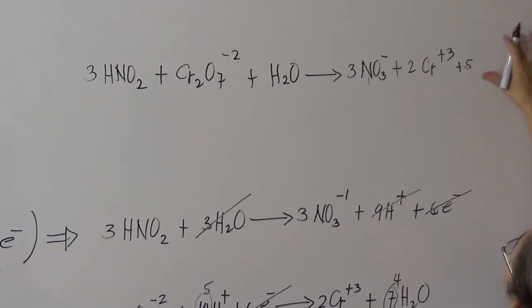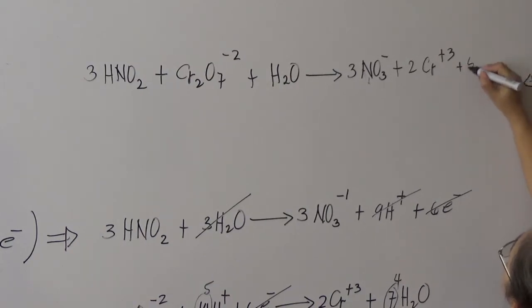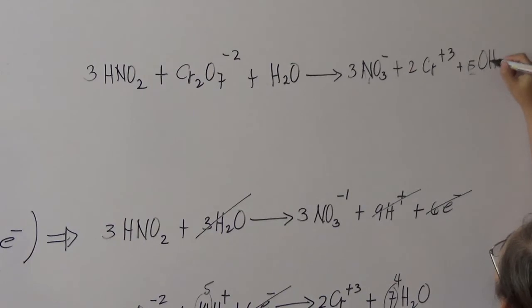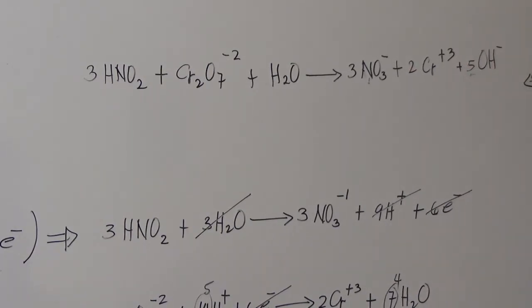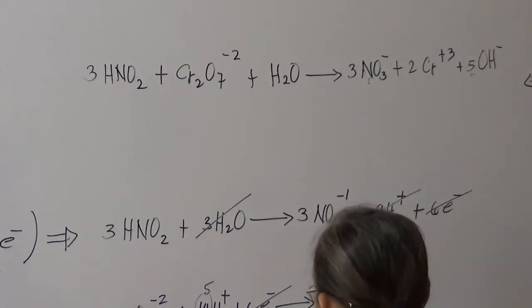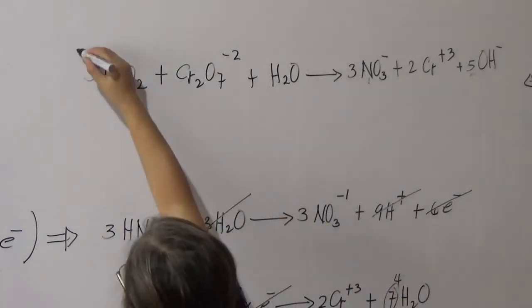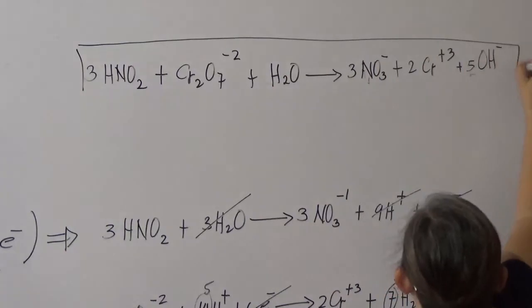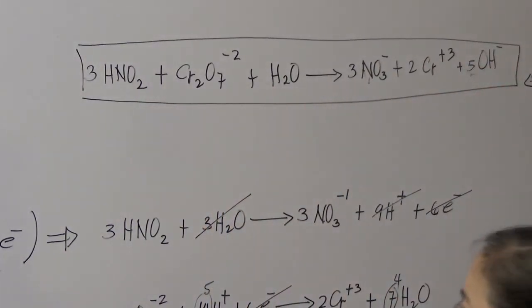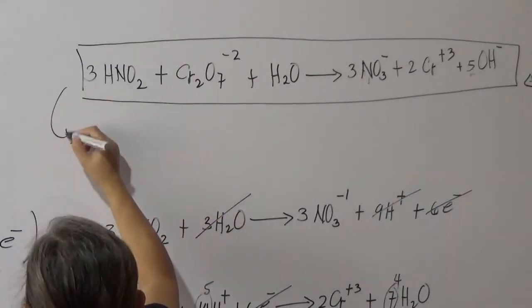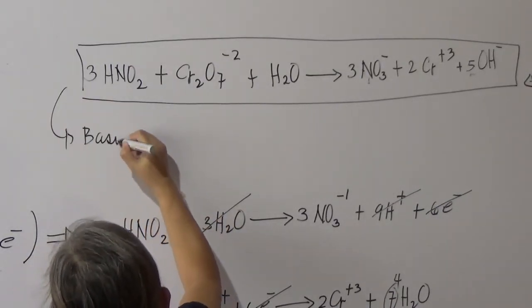This must be properly written as OH -1. Okay. So this is now the balanced equation of the redox reaction under basic solution.